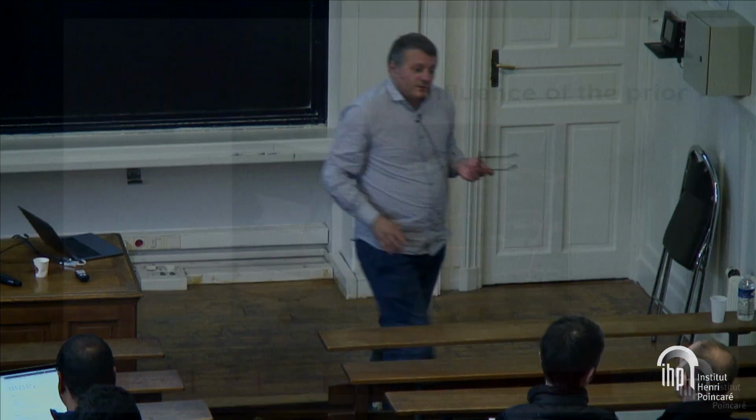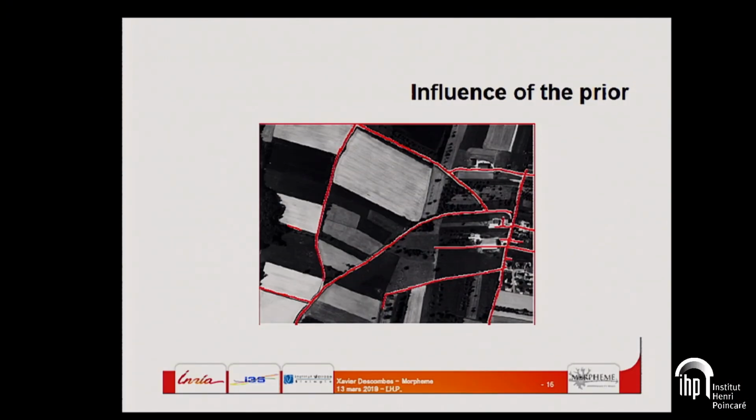It's a little bit shifted, but what is very good is that we have filled the hole in the middle because of the connectivity prior. So even if we have the shadow of trees, we have filled this place.